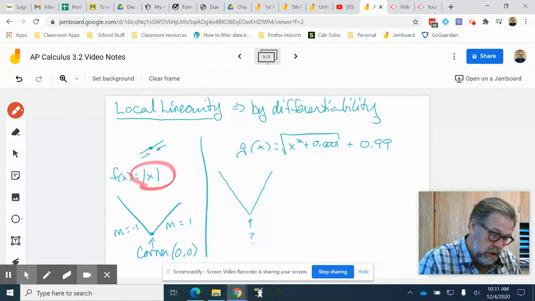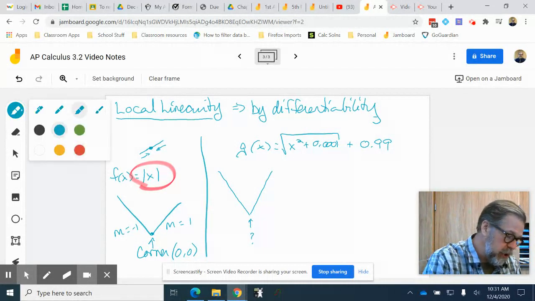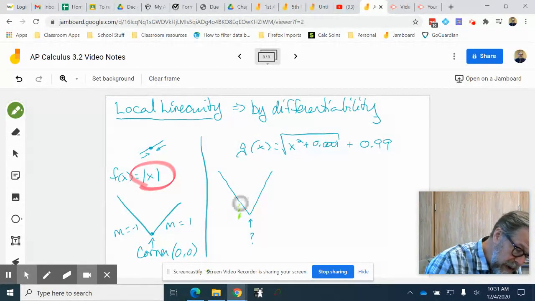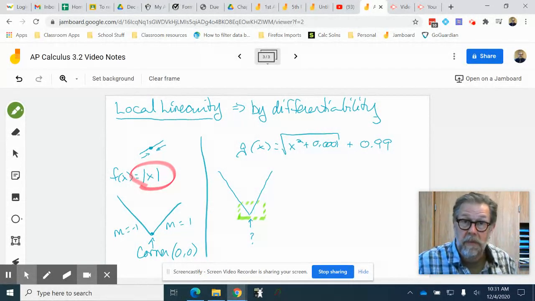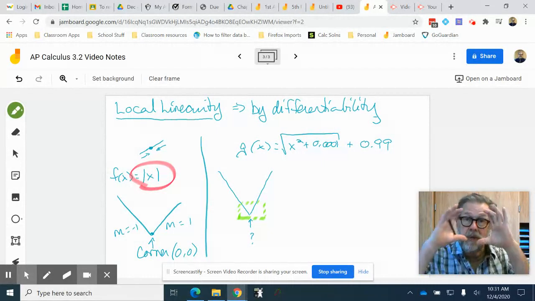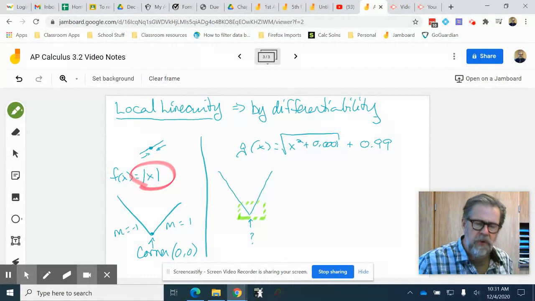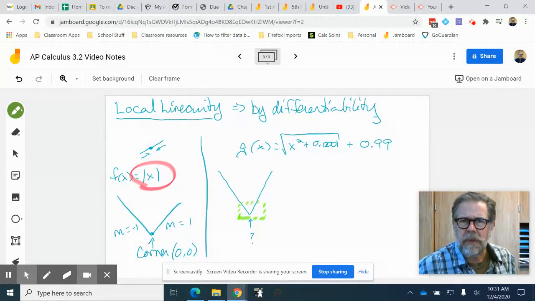But what I can do is I can zoom. Now, it requires an awful lot of zooming, and what I'm going to recommend is that you pause right now and you either set the zoom points to the bottom of this function, or you do a zoom box around the bottom of this function and do it until something changes.